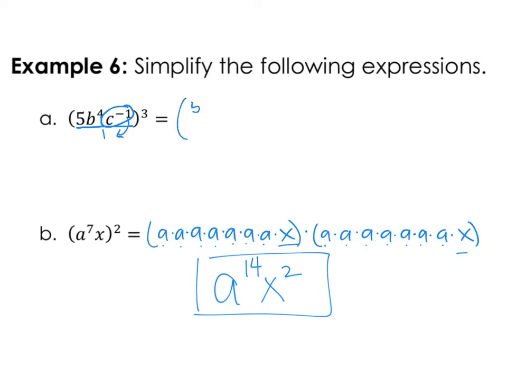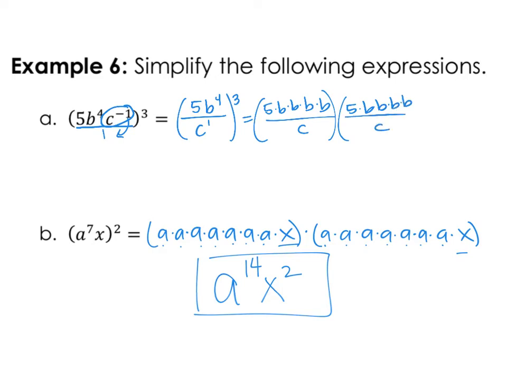So that means it's a 5b to the 4th divided by a c, and now it's to the positive 1. And that whole set of parentheses is still to the 3rd power. So I have a 5 with 4 b's divided by a c happening 3 times.